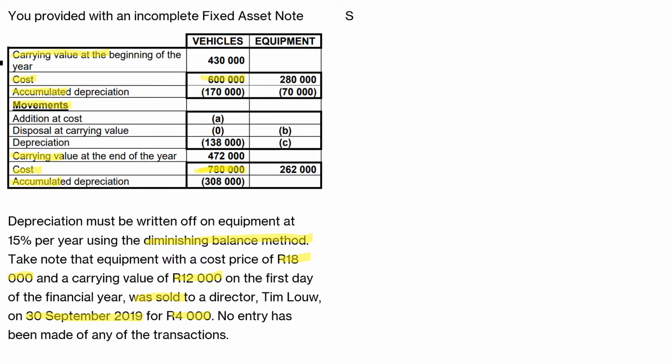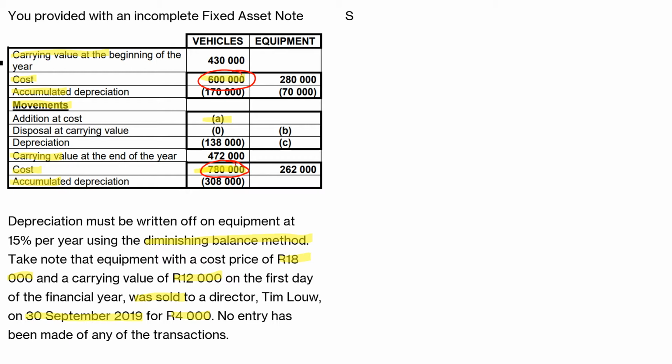Right, so one thing that I want to say: we'll start with disposals, or we can start with additions at cost. We want to find out how much equipment was bought during the year. That's the simplest in terms of this question. So here you have the cost price at the beginning and the cost price at the end. So how much cost was added?